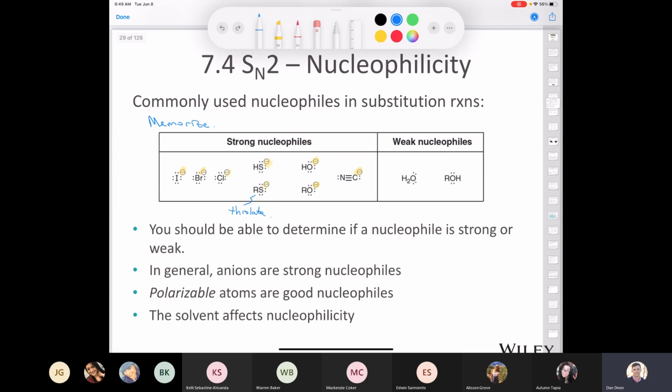These are all good, strong nucleophiles. Weak nucleophiles are going to be things like water or an alcohol.